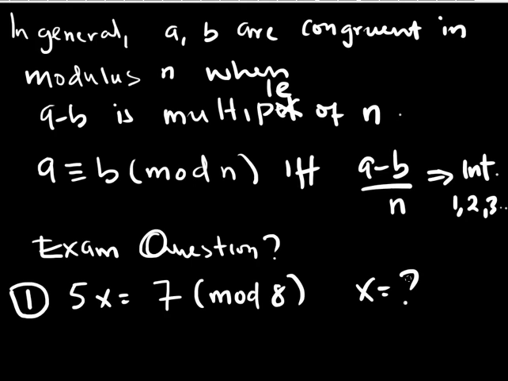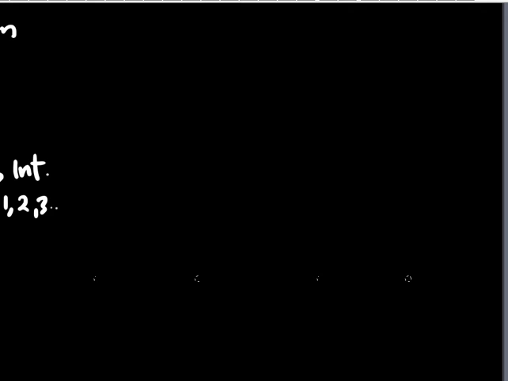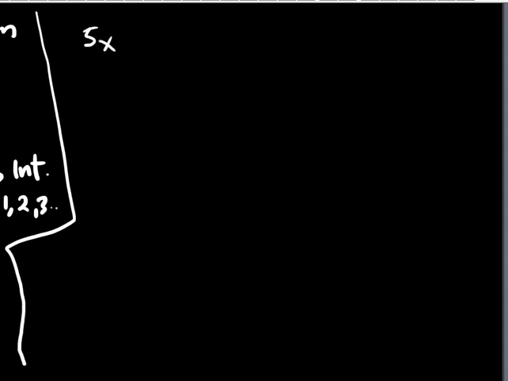Let me bring in a fresh screen and we will continue. So what is x? Again, 5x is equal to 7, mode 8. We can't just divide by 5 on both sides and get x.